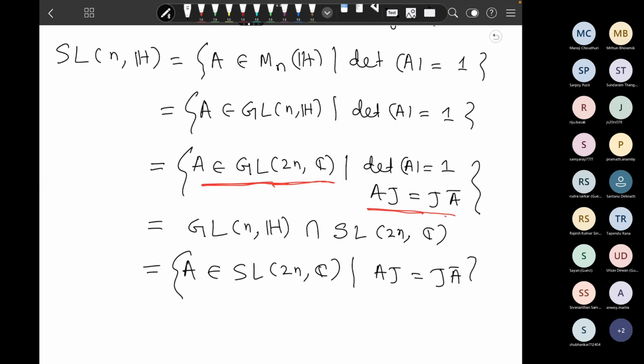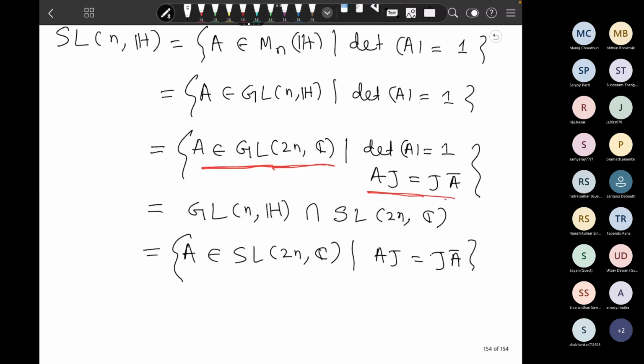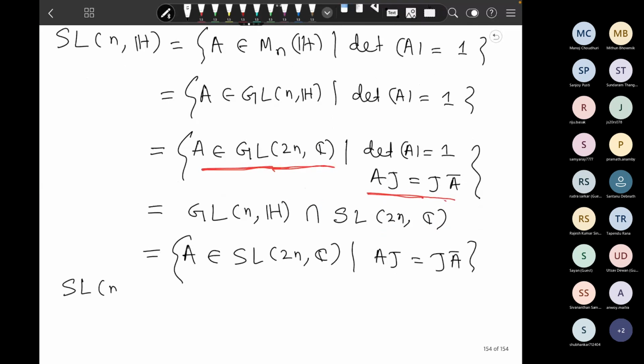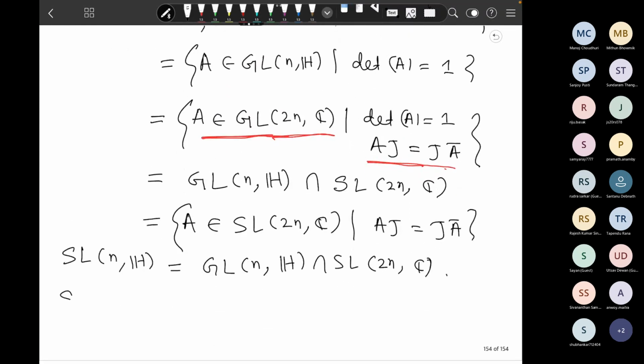So this is what I am getting: I will get SL(n,H) as GL(n,H) intersection SL2(C). This is going to be important, and this is also SL(n,H), A belongs to SL2(C) so that AJ is equal to J bar.